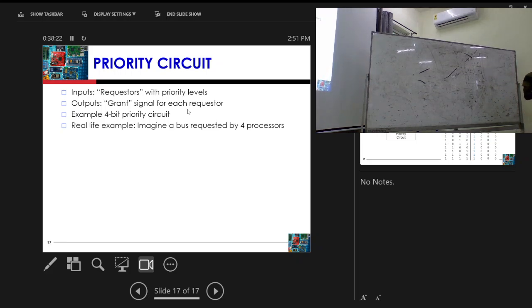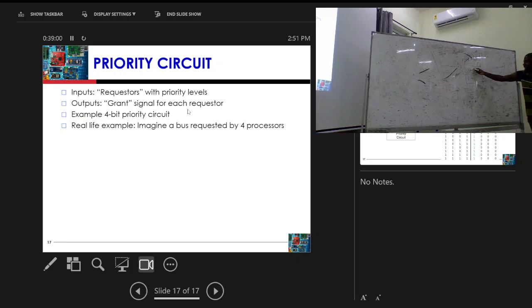So if CPU wants to use the bus, all it has to do is activate this line. If I say activate, it means I just make it one. If CPU wants to use the bus, I want to request to use the bus, so I make this line one. Then it goes to the bus, and the bus will know that CPU wants to use it. So the bus will grant or deny based on another signal to the CPU, which is known as the grant line. So from the bus to the CPU there's a grant line.